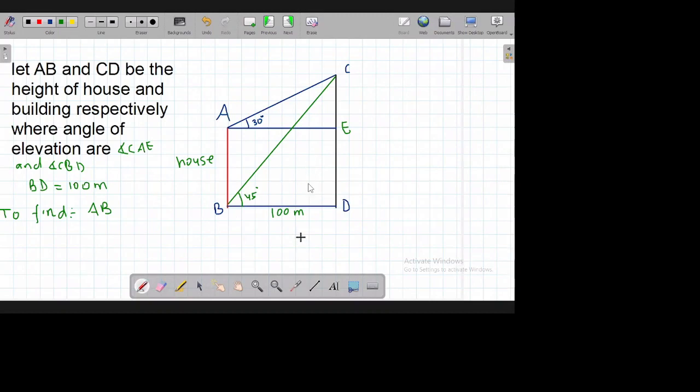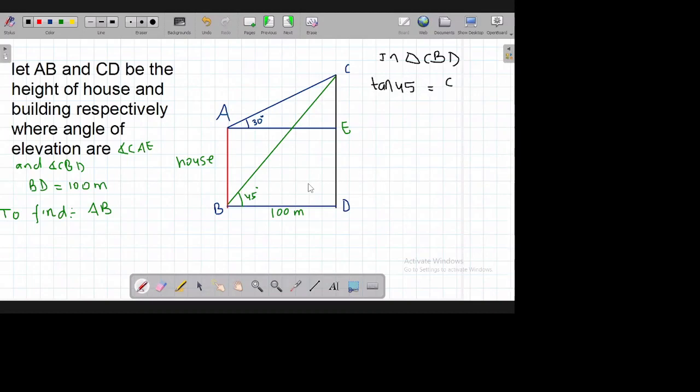Now, first of all, what we can do is take the right angle triangle CBD. In triangle CBD, which contains 45 degree, we know that tan 45 degree means height by distance.